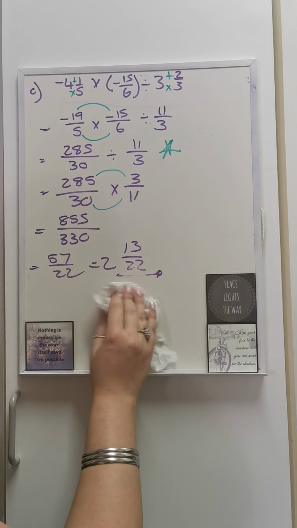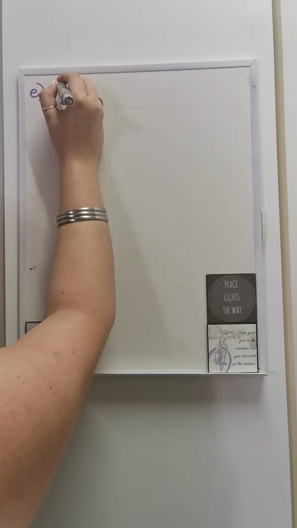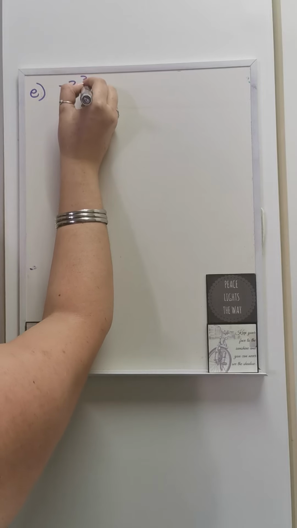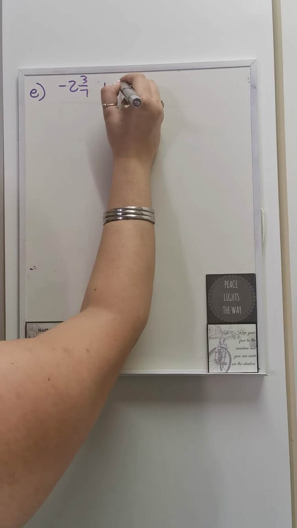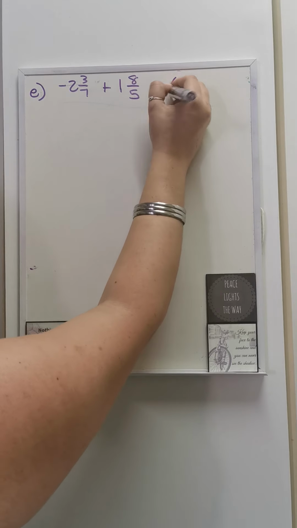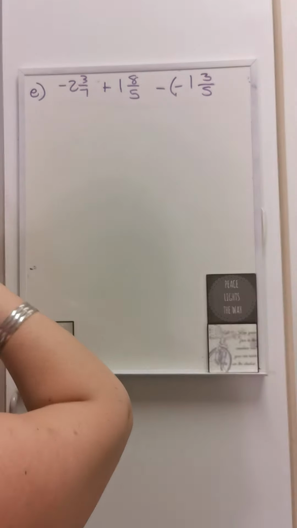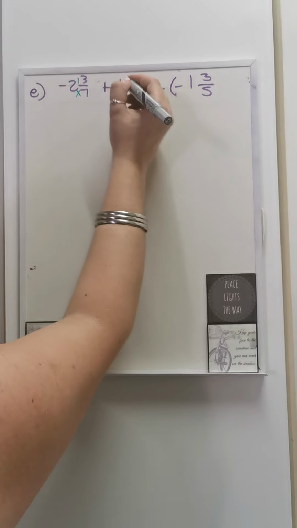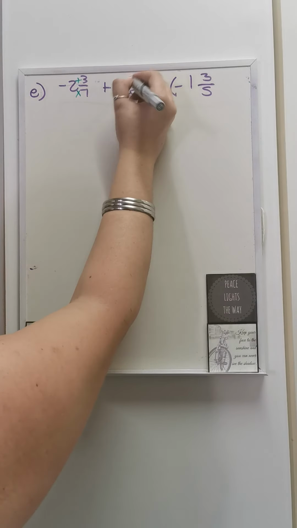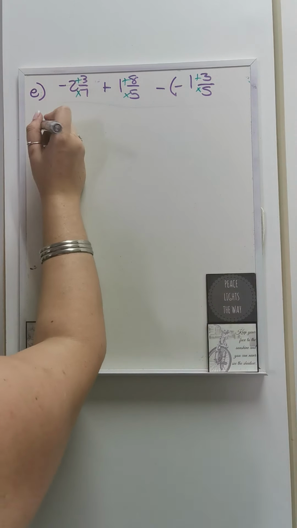Number E. Negative 2 and 3 over 7 plus 1 and 8 over 5 minus negative 1 and 3 over 5. Again, minus plus, times plus, times plus, times plus.